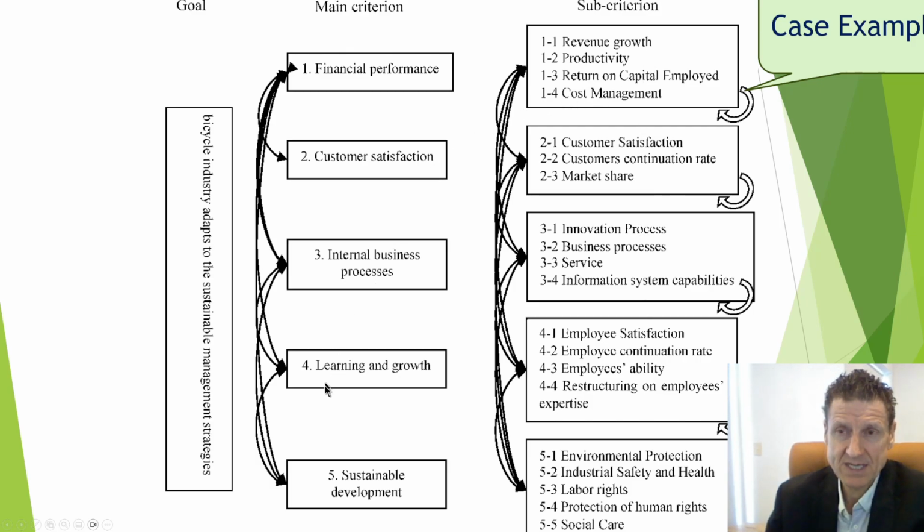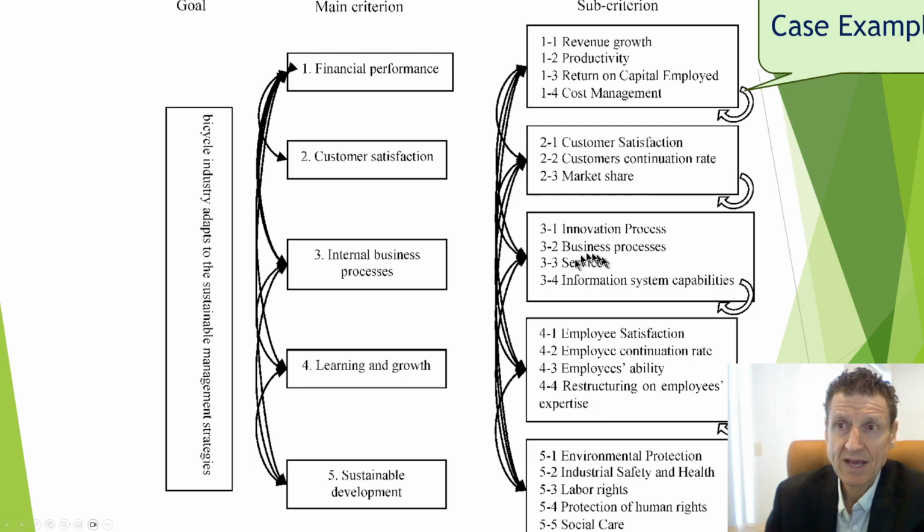We may not necessarily see learning and growth, but we will see the restructuring, we will see employees' ability, we will see employee satisfaction, because we can measure all these things. We cannot measure internal business processes, but we can measure the information system readiness.